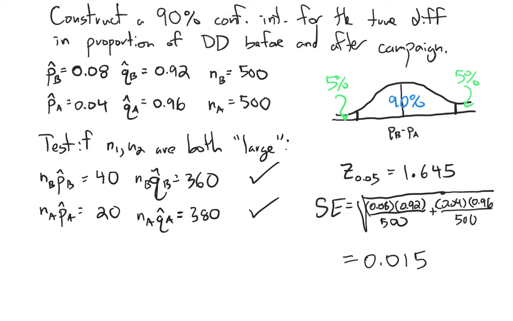So, we estimate our 90% confidence interval is going to be our sample differences, the difference of before minus after. And if you did it the other way, after minus before, that's fine too. Plus or minus our margin of error, or z alpha over 2. In this case, it's z 0.05 times our standard error.